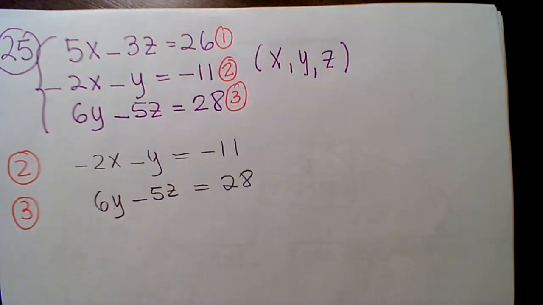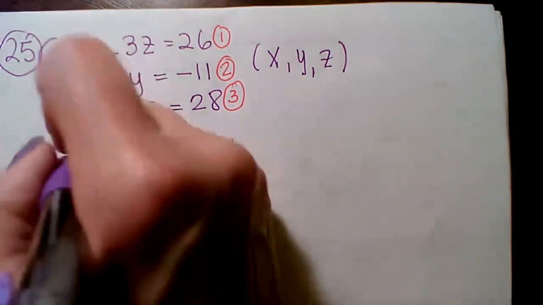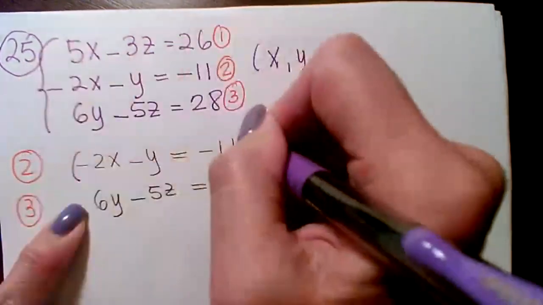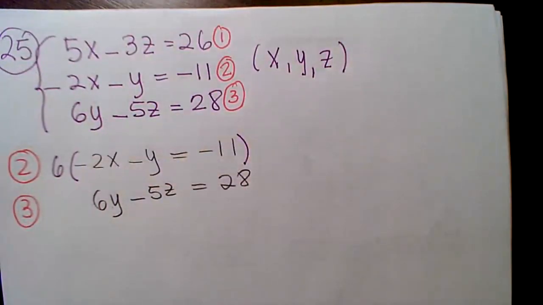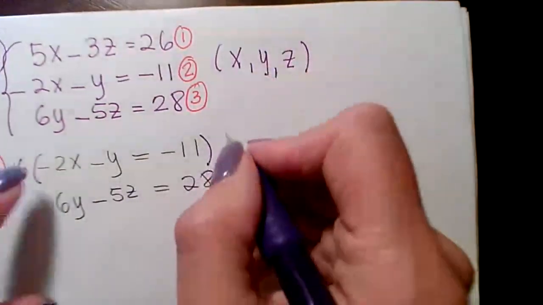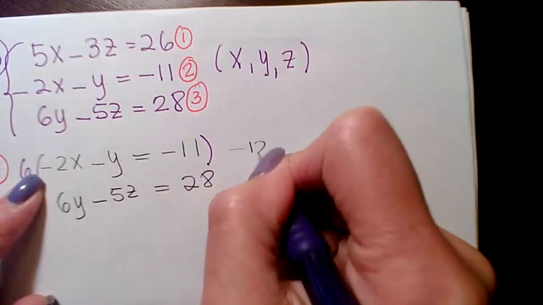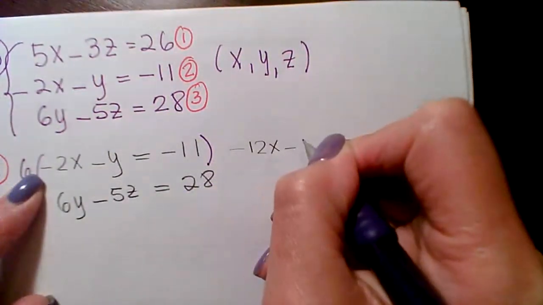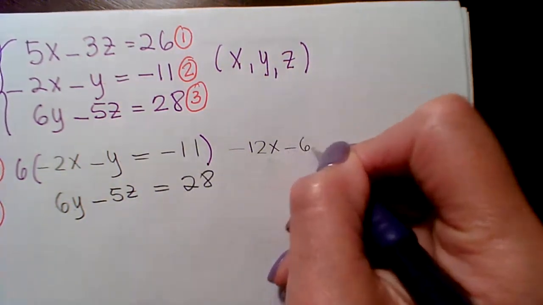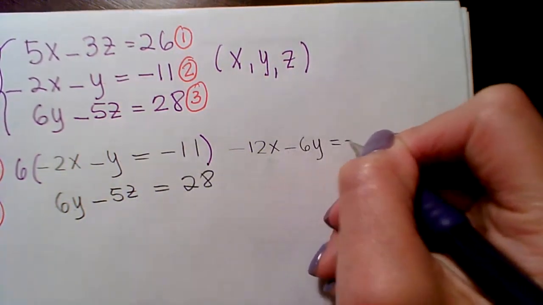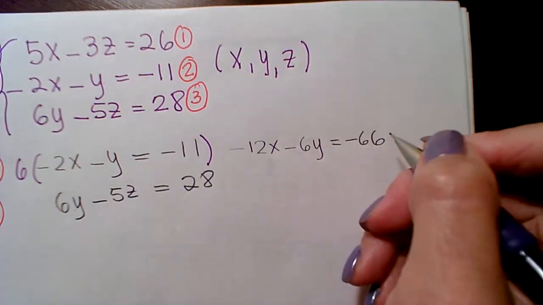In order to do that, I'm going to need to multiply this one by 6. So it's going to be negative 12x minus 6y equals negative 66.